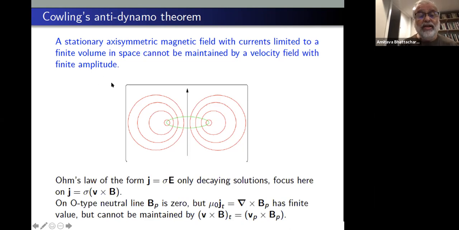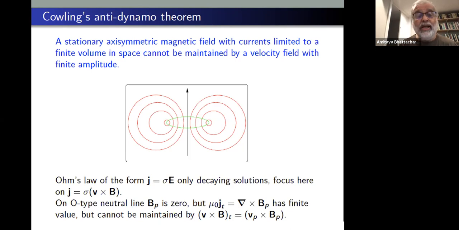Let me just say that if you look at chapter 4, you will get a sense of how this theorem is actually proved. But this theorem was nothing more than generalizing the lesson that we just learned, that if you have a stationary axis symmetric magnetic field with currents limited to a finite volume in space, you cannot maintain it by a velocity field with finite amplitude as long as you insist on axis symmetry.